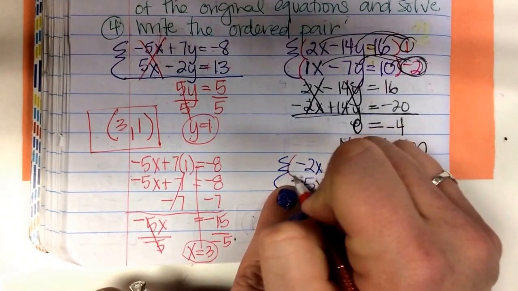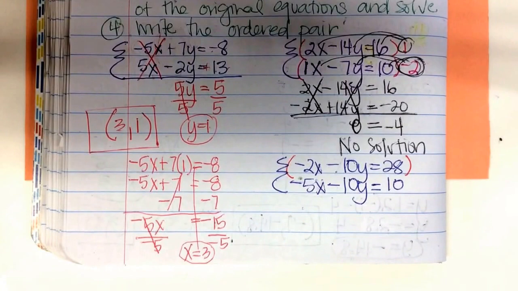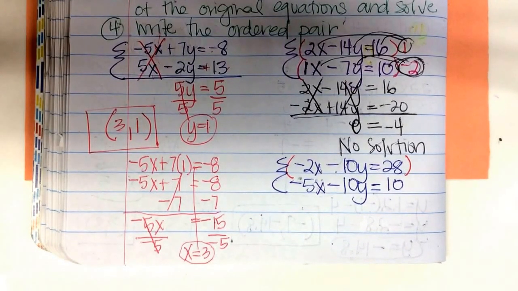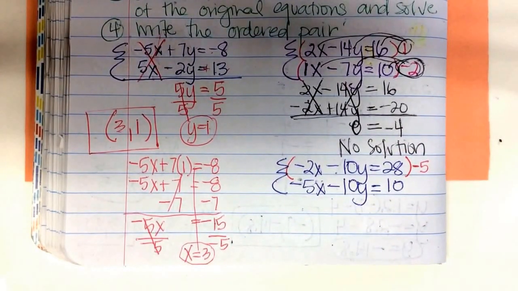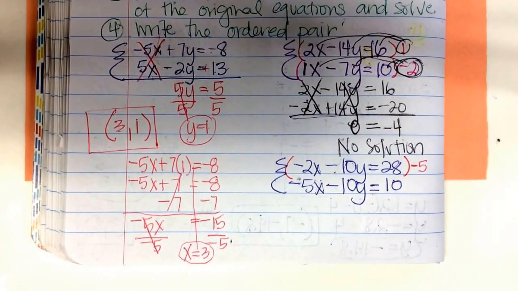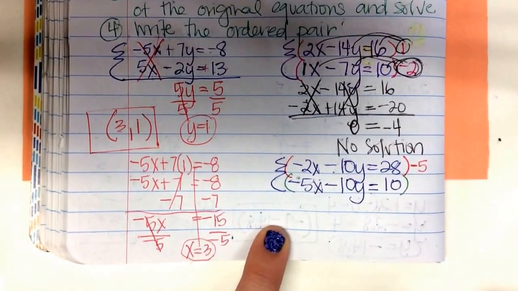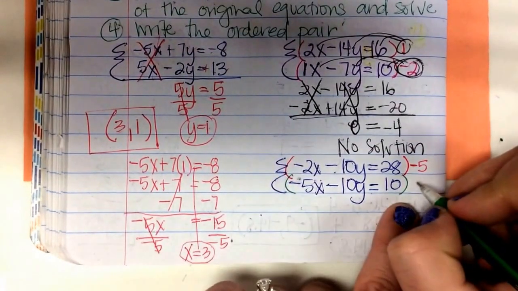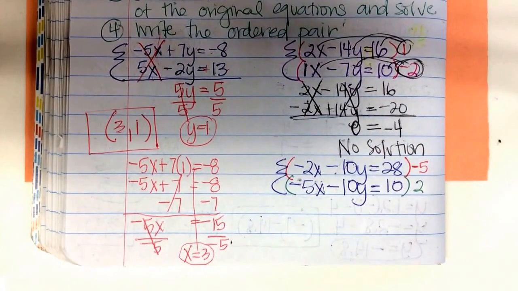The top gets multiplied by the bottom x coefficient. So what's the top getting multiplied by? Negative 5. And the bottom gets multiplied by the opposite of the top. So negative 2, the opposite is positive 2. Let's do the math.